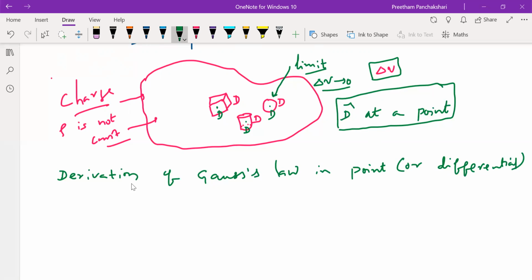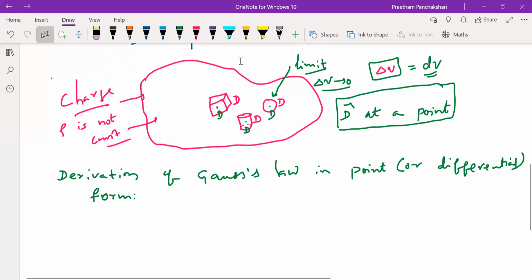It is called so because upon applying the limit delta V tends to 0, the volume delta V finally becomes the differential volume dV, and the corresponding equation is also called a differential equation.